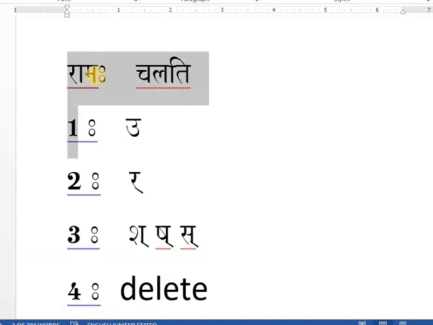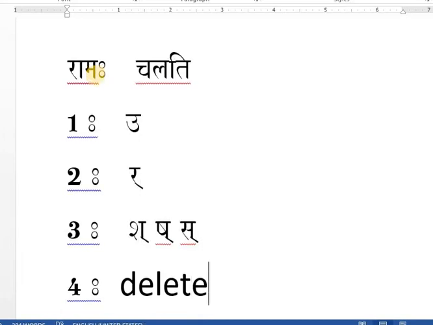Other than these four rules of visarga, there is no other conversion of visarga in the Sanskrit language. Visarga can be converted to u, sometimes ra, sometimes any of these sa, or sometimes completely deleted. Always remember these four results in place of visarga.